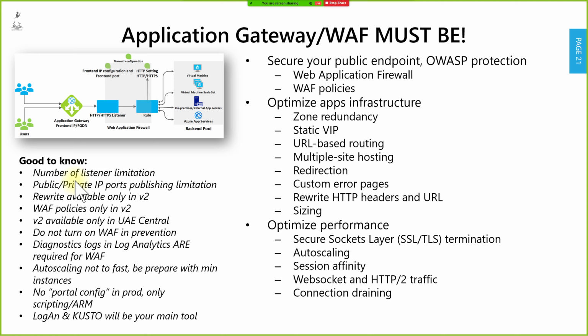For example, I use the WAF to publish some application, but one part I publish to the internet as the public part, while the CMS part I publish over the private IP for a site-to-site VPN between the customer's on-premises network and the Azure network. If I want to use port 443 for both, it's not possible. For both, I mean private and public IP. This is a big limitation.